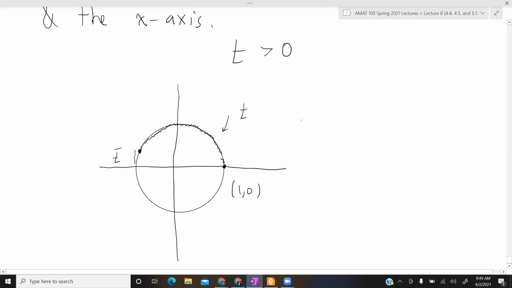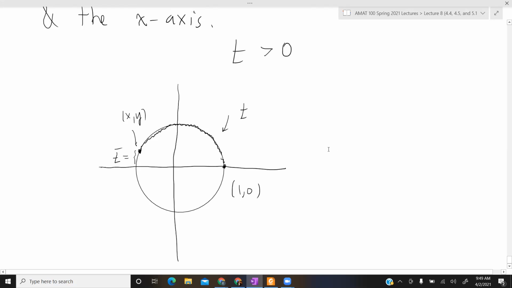So remember, t bar is the shortest distance along the unit circle between the terminal point determined by t, right here, some point (x, y), and the x-axis. So in this case, the reference number is going to be equal to this little arc length right here.